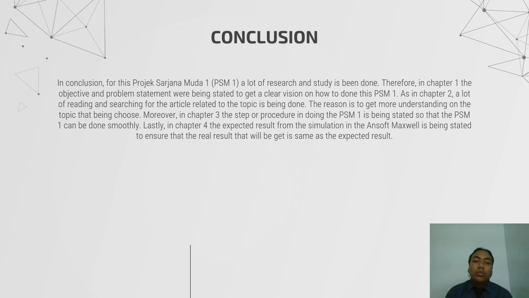Moreover, in chapter 3, the method or procedure for doing the PSM is stated so that it can be done smoothly. Lastly, in chapter 4, the expected result from the simulation in Ansys Maxwell is shown to ensure that the real result from the simulation will be the same as the expected result.